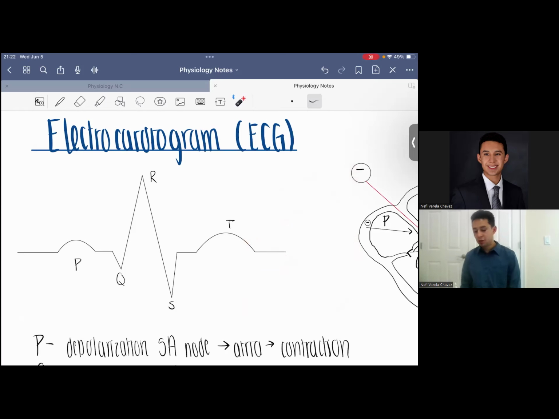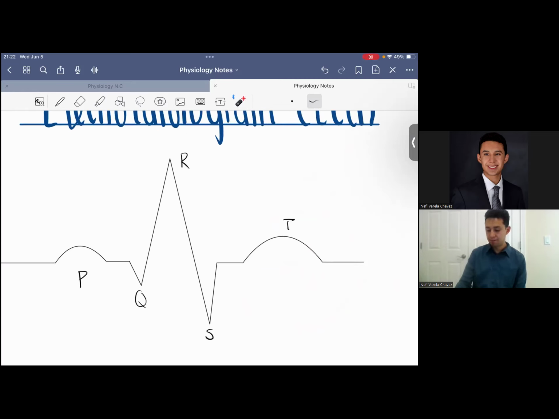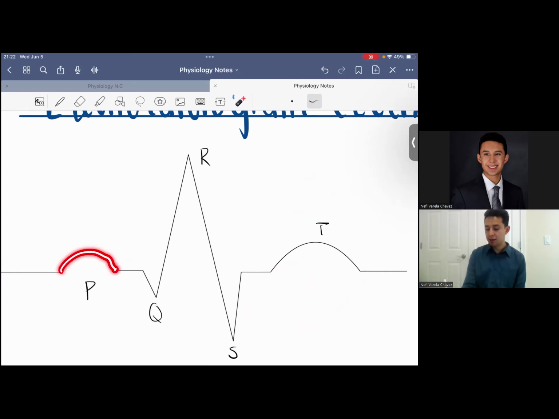Okay, so let's start. P is going to be the depolarization of the SA node and the atrium that is going to cause contraction. Okay, let's go fast. Q is going to be the AV node and then the bundle of His. Then R, we're going to have the intraventricular septum, the depolarization, and the endocardium.